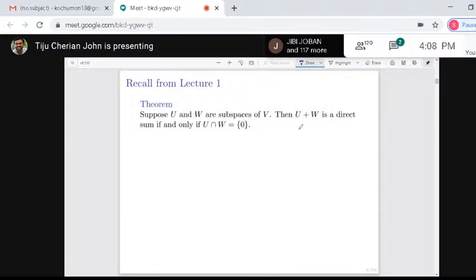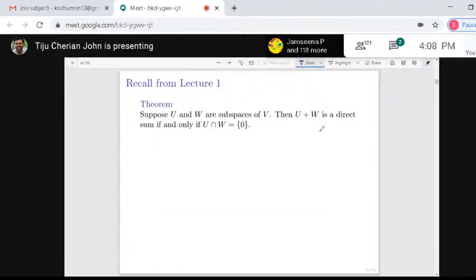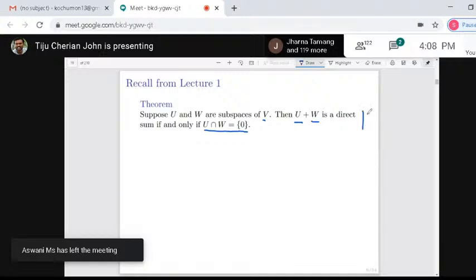The previous theorem was about m subspaces and how you can say the sum is a direct sum. But if there are only two, there is an easy way also. If U and W are two subspaces of V, then U + W is a direct sum if and only if U intersection W is {0}. This is an easy way to see it whenever we use these theorems today.